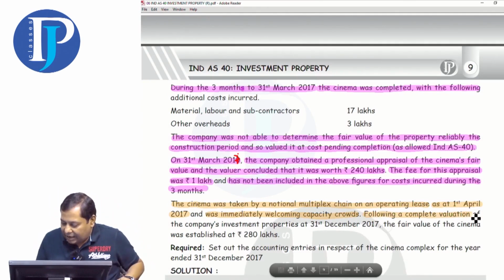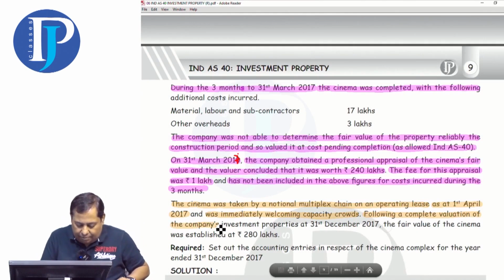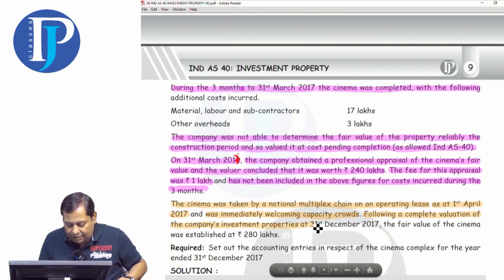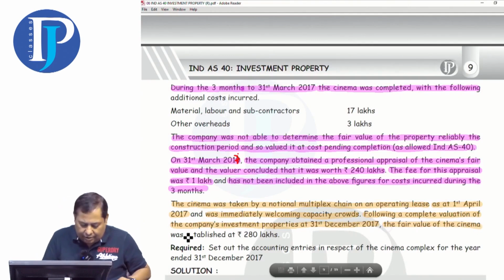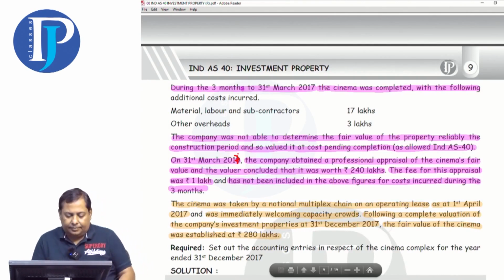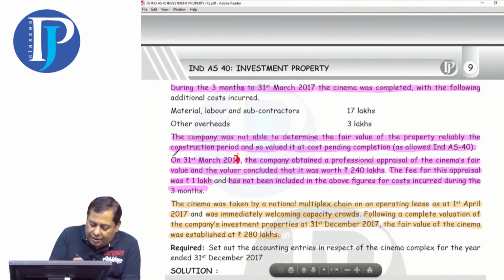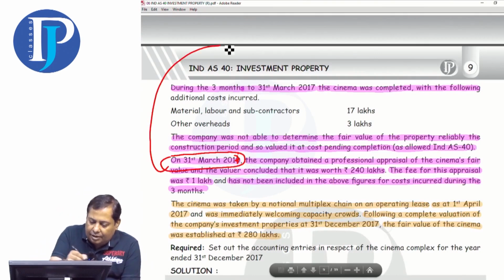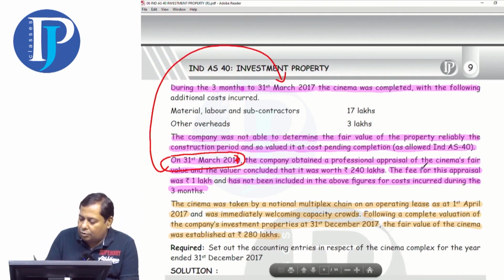Following a complete valuation of the company's investment properties on December 31st, 2017, the fair value of the cinema was established at 280 lakhs. On the day this theatre was made ready, its market value was 240 lakhs.